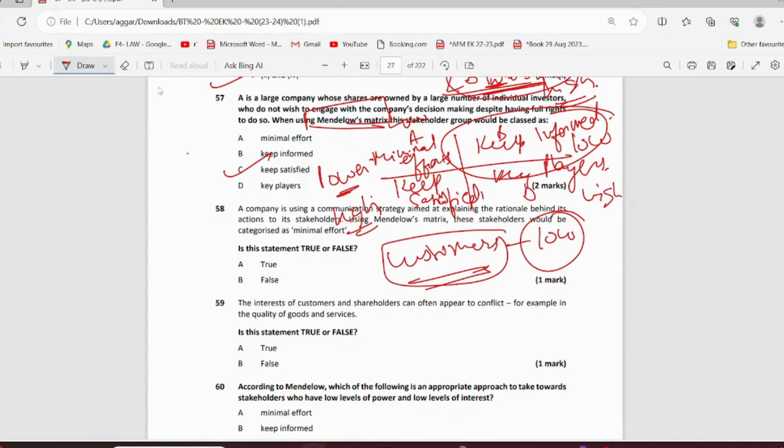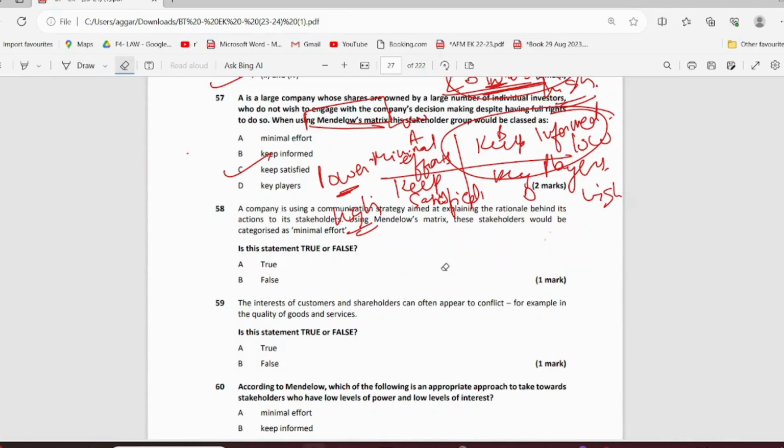I'm sorry for all the mess, but I hope that you are able to understand by this simple example. A company is using a communication strategy aimed at explaining the rationale behind its actions to its stakeholders. Okay, communication strategy, they're using Mendelow's matrix. These stakeholders would be categorized in, no, not minimal effort.